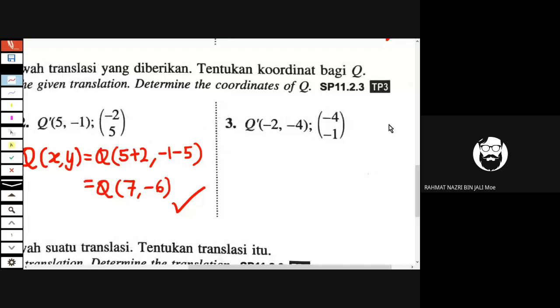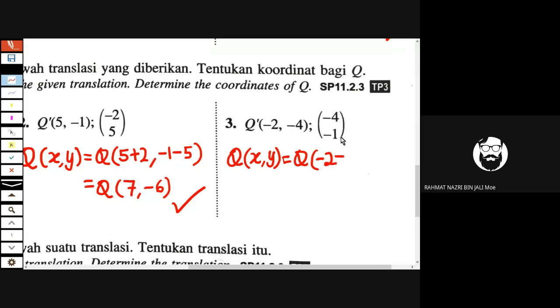Nombor 3. Sama juga. Ambil di sini, ambil X coordinate daripada image, kemudian tolak.